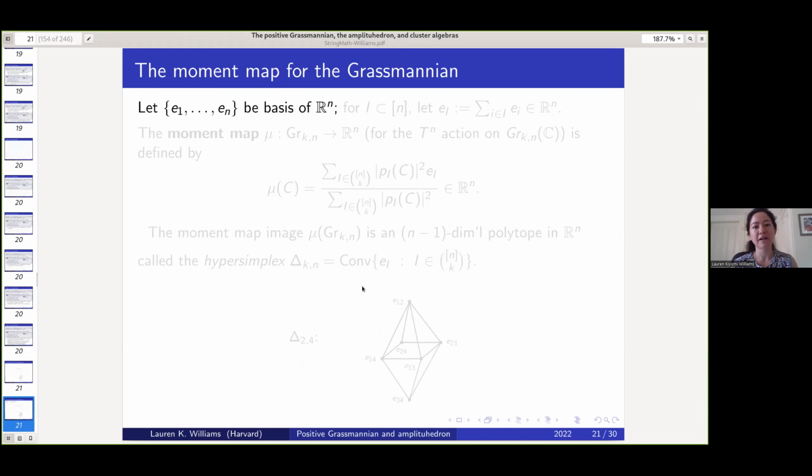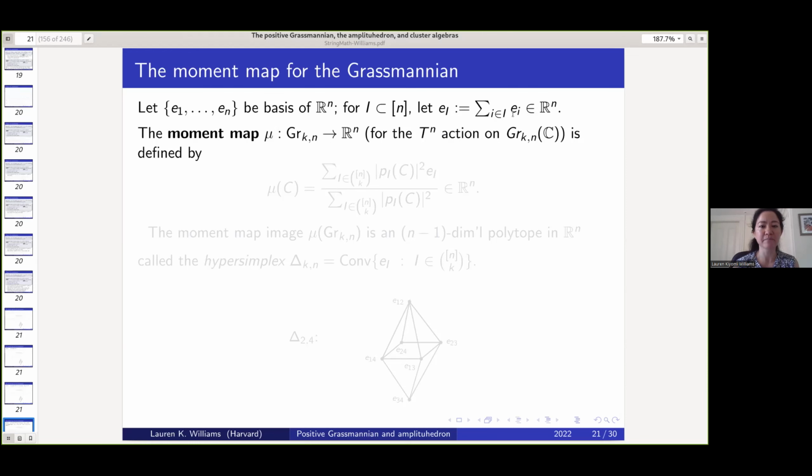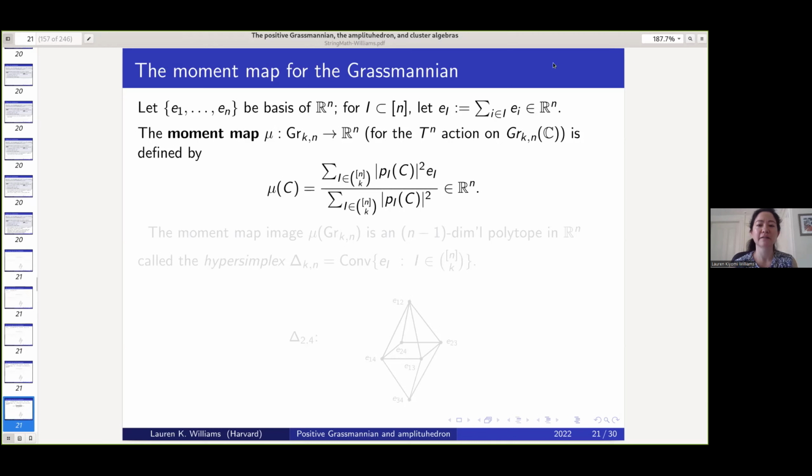Okay, so let E1 through En be a basis of Rn. Now if I is a subset of 1 through n, E sub I will be a 0, 1 vector indexed by I. This lies inside Rn. And then the moment map for the Grassmannian is defined as follows.